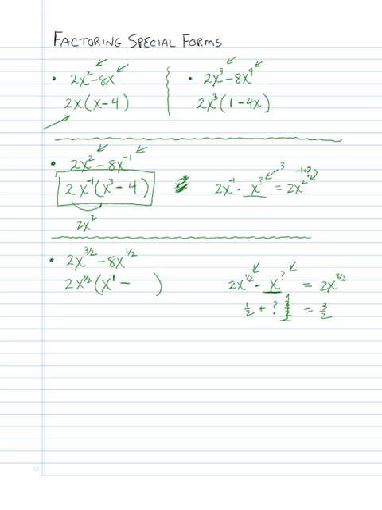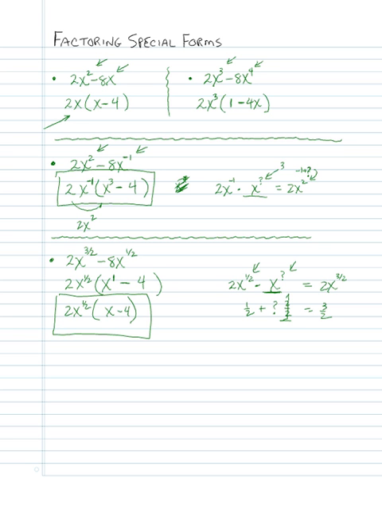And then 2x to the 1 half times what is negative 8x to the 1 half, of course, a negative 4. Now, obviously, we would write that as just x minus 4. We wouldn't put that exponent of 1. So if we multiply that out, we'll see, of course, that we get 2x to the 3 halves minus 8x to the 1 half. So this certainly does look different than what we've seen in the past.